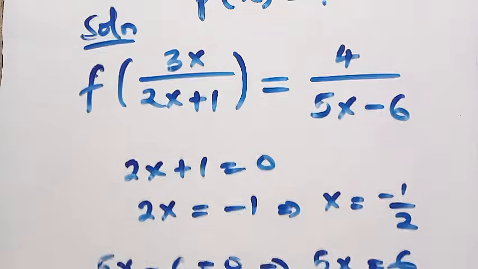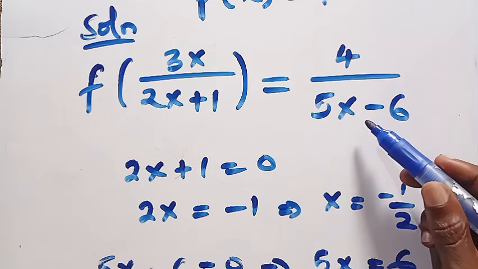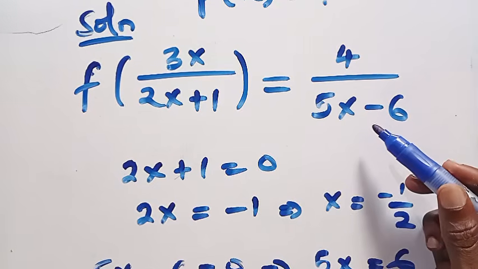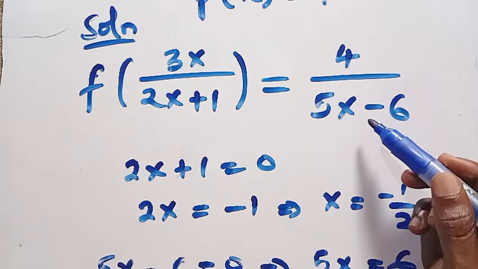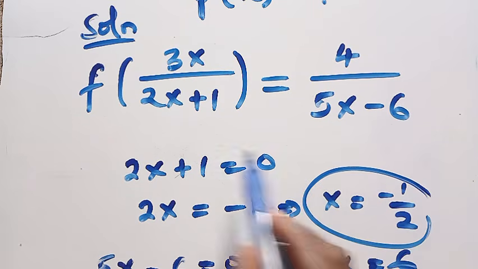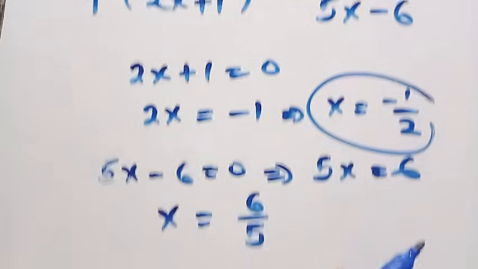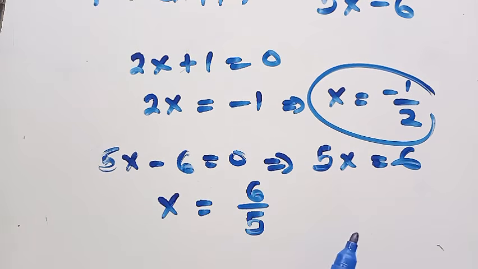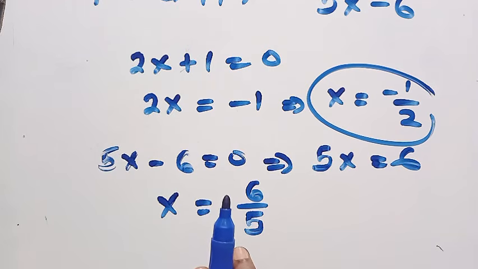This point is not valid as well, because it also leads to 0 in the denominator. So we have to make sure that we ignore x equals minus 1 over 2 and x equals 6 divided by 5, just to have a well-defined function. After understanding these two exclusions, all other real numbers are members of the domain.